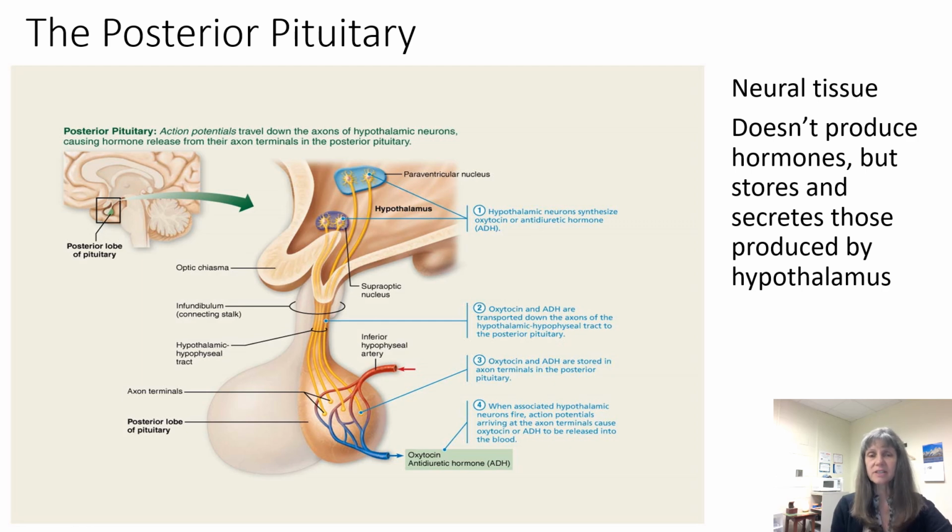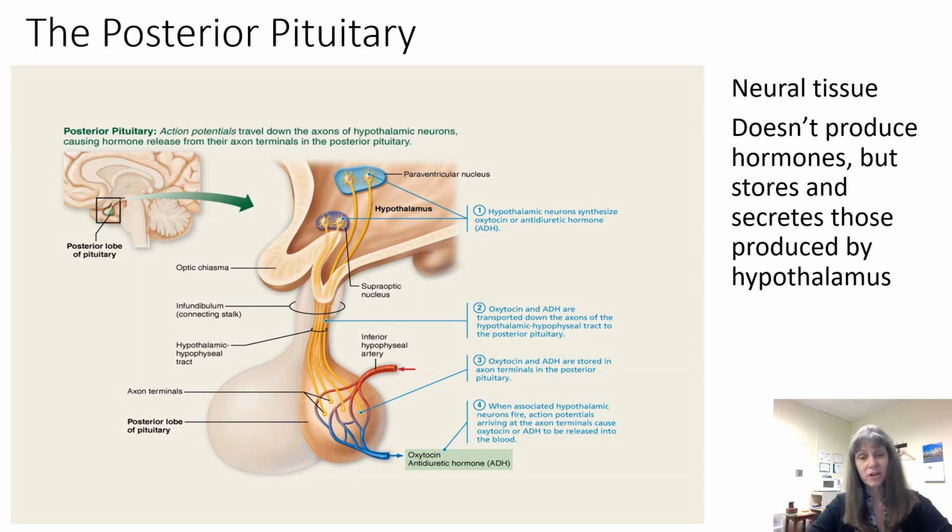If you take a close look at this picture, you'll see that the soma or cell bodies of those neurons reside either in the paraventricular nuclei, which are responsible for producing both antidiuretic hormone and oxytocin, as well as the supraoptic nuclei, which only produce antidiuretic hormone. Those hormones are going to be transported down the axons into the axon terminals, where they will reside in secretory vesicles until they're stimulated to be released into the bloodstream.